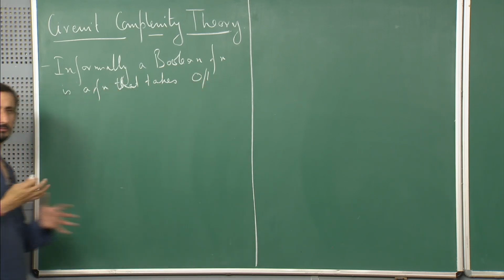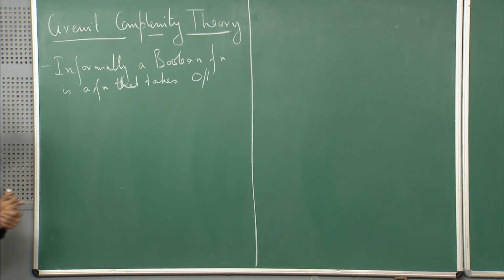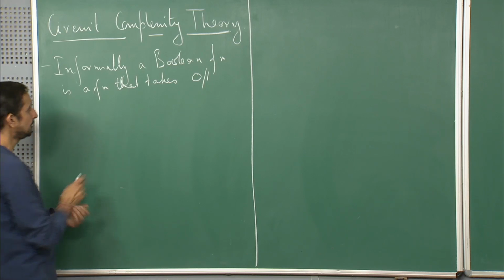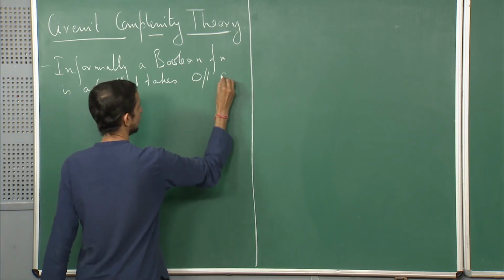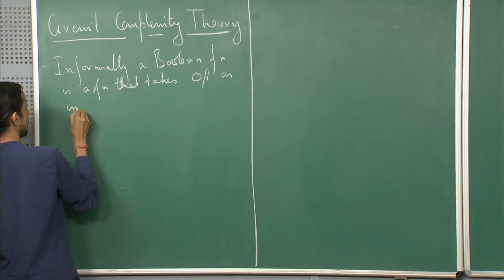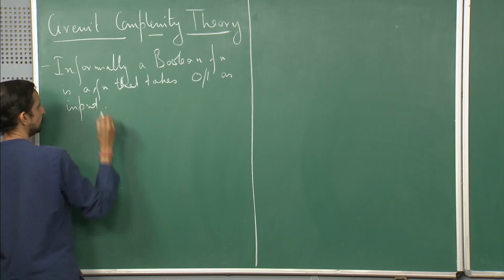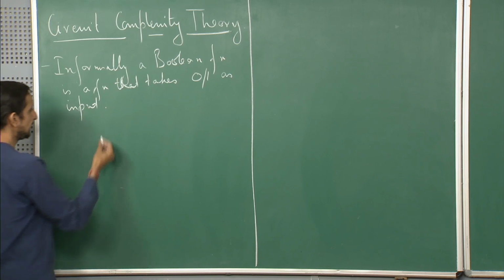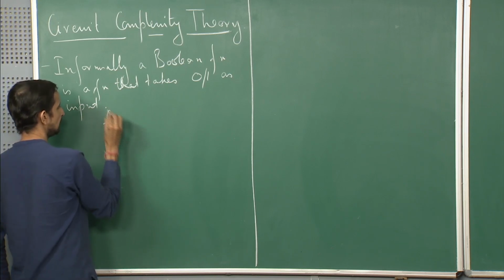When we say Boolean, we think of the values as coming from the set {0, 1}. So it takes 0, 1 as input.